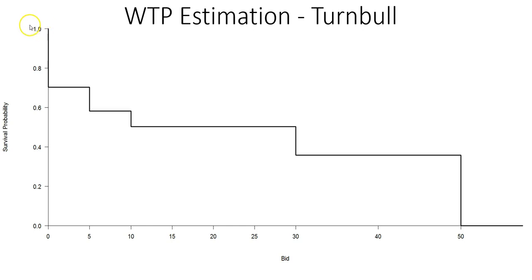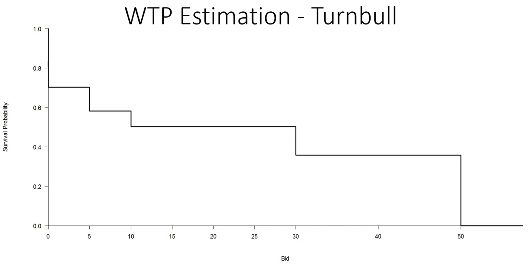In economics, a lot of times we turn that around, and you saw that when we did the travel cost method graph, where we put the cost amount on the vertical axis and the choice variable, the number of trips, on the horizontal. Okay, so that's the Turnbull survival curve.